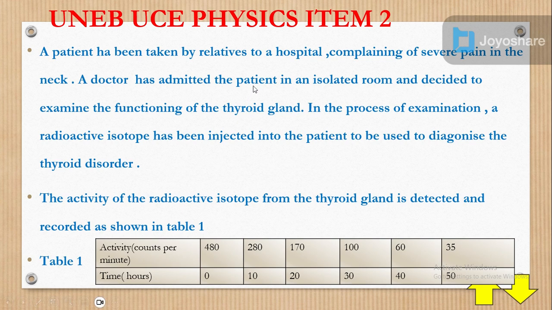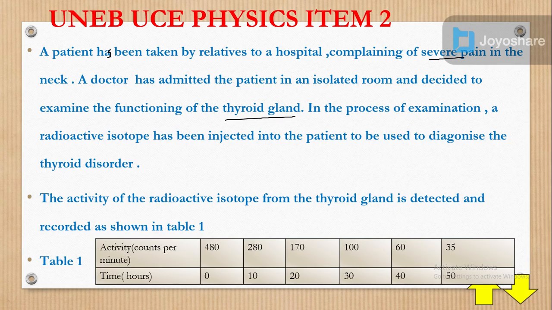Let's see. So they're saying a patient has been taken by relatives to a hospital complaining of severe pain in the neck. A doctor has admitted the patient in an isolated room and decided to examine the functioning of the thyroid gland.